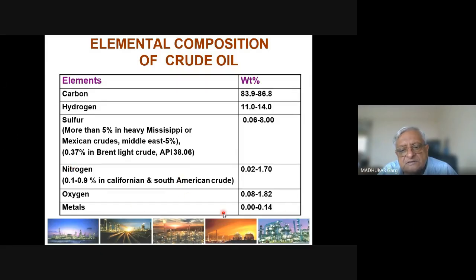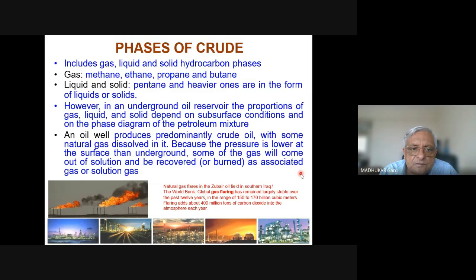And of course, metals. Metals are very low and mostly present in the heavier fraction. So this is a typical composition of crude oil.